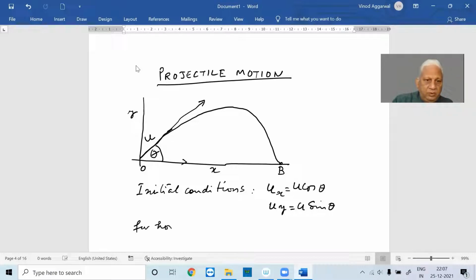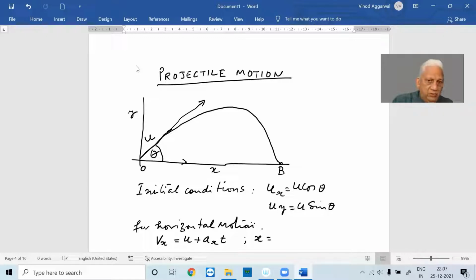For horizontal motion, vx is equal to u plus axt, right?